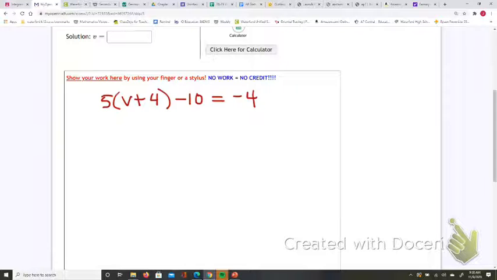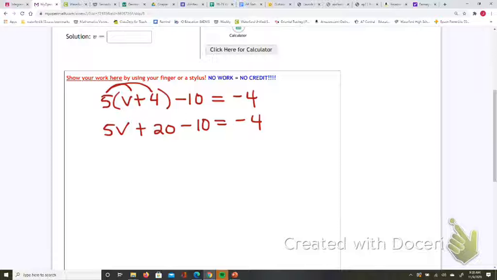So with this one, we've added a new step, and that step is we have to distribute. So we must distribute the 5, and remember that means multiply. We have the 5 right here next to the parenthesis, it means multiply. So 5 times v is 5v, 5 times 4 is 20, minus 10 equals negative 4.